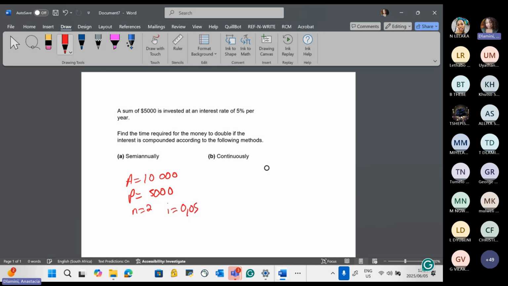All right. Then what do I do? Substitute into the formula. Remember, you're not given a formula sheet. Which formula?